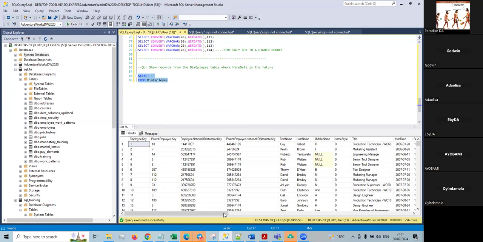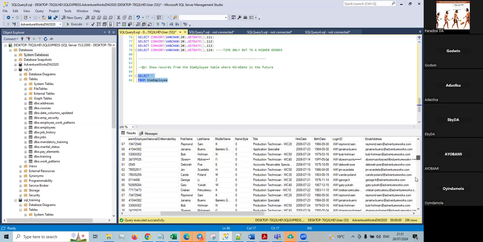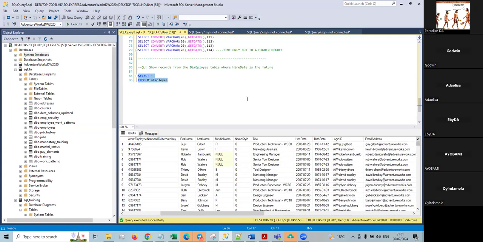Do you think we will get a result for this? Looking at the data we have here, who thinks we will get a result for this? Nobody, nobody, nobody.